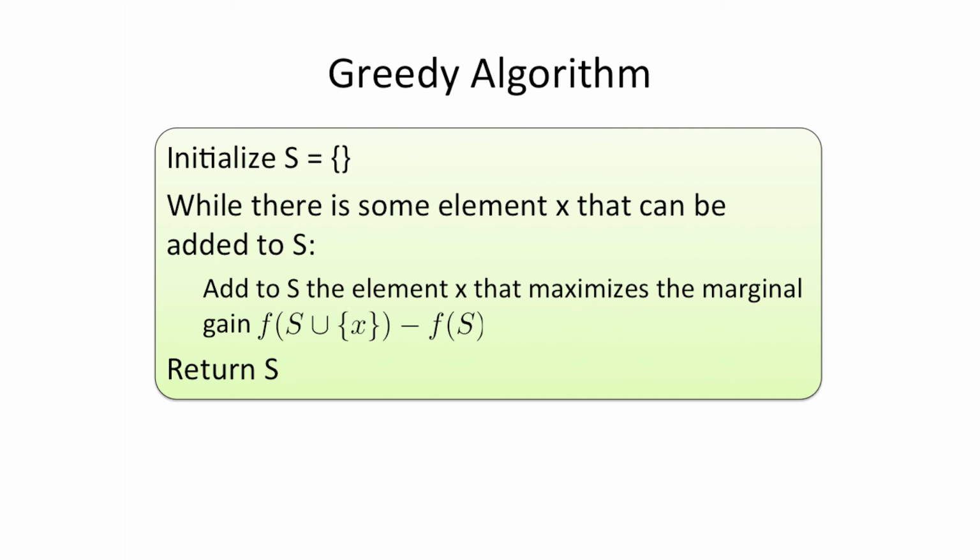The idea is very simple. We start with the empty solution, and we pick elements greedily. While there exist elements that we can still add without violating feasibility, we pick one that gives us the maximal marginal gain on top of the current solution. We do this until we can't add any elements anymore, and we return that set.